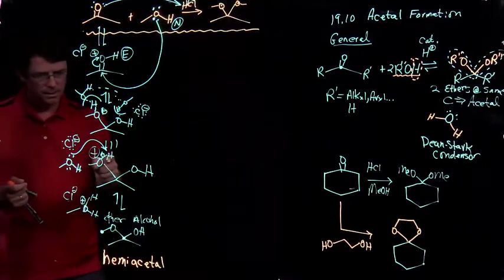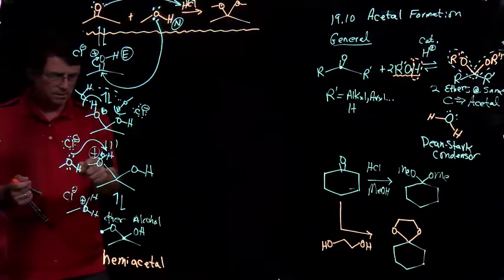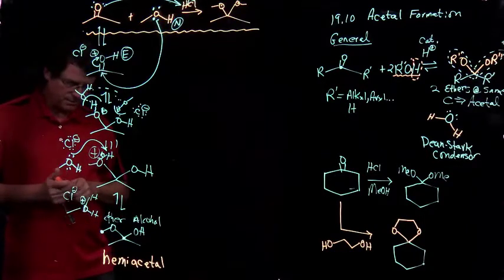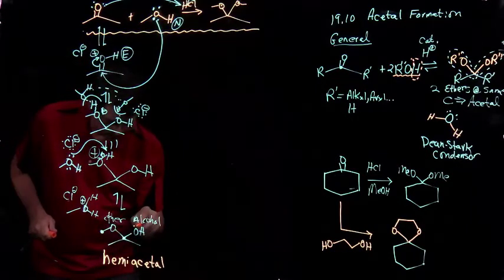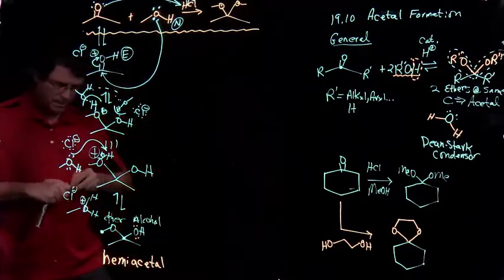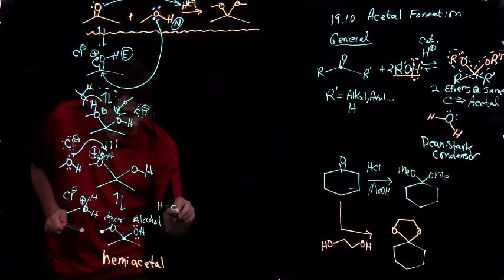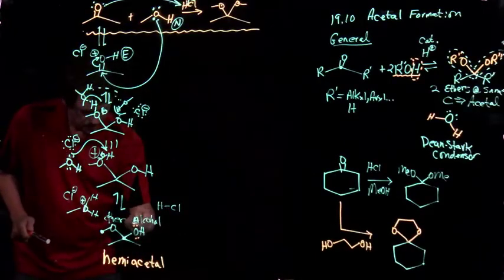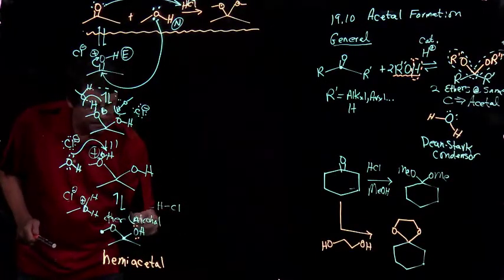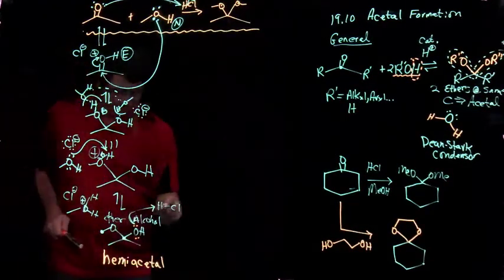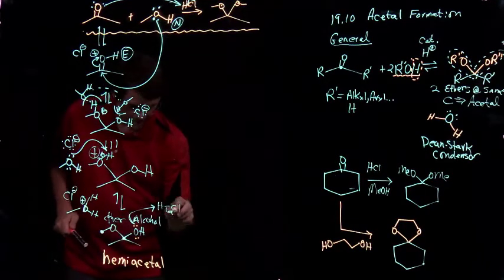We've plucked the proton off of the alcohol and the ether linkage. Now we have to protonate the other side. So this alcohol has 2 lone pairs. We can bring in, and I'm just going to use HCl again. We protonate that alcohol side.